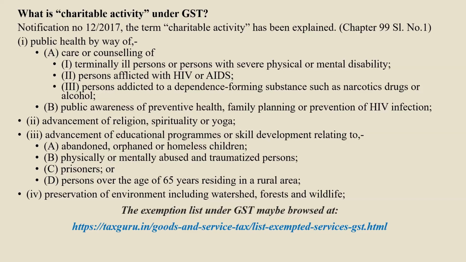All right. So I move on now to, so this is something very, very important to know. And these three slides give you a clear picture as to what needs to be understood. However, even if you fall under this and you have incidental business, please remember educational institution by way of imparting education, medical institution by way of giving medical services are also exempt under GST, but they are not exempt under the charitable definition, under the definition of charitable activity.